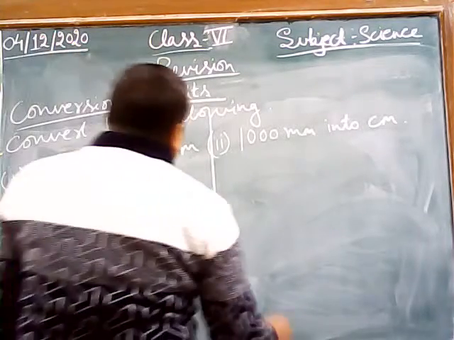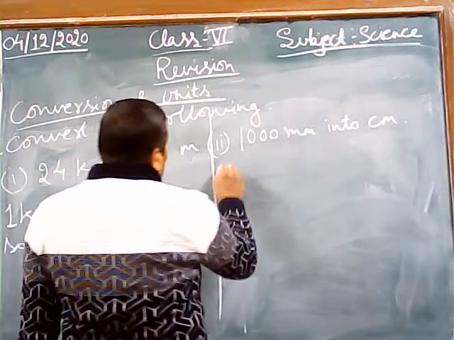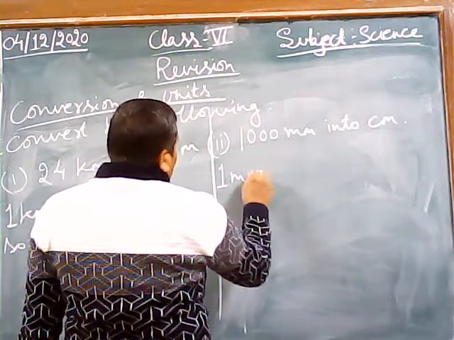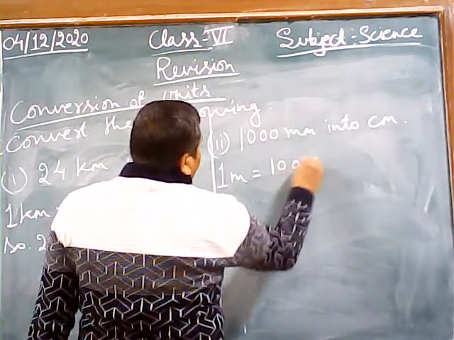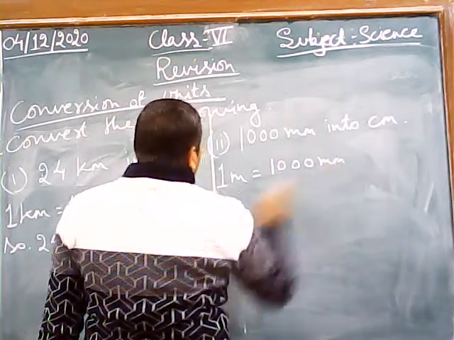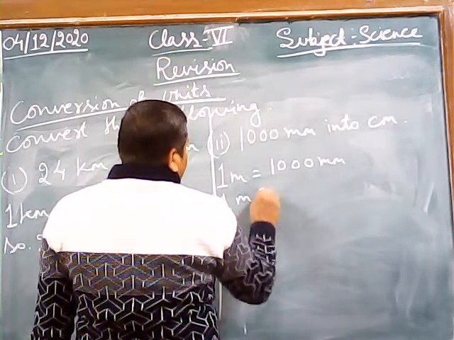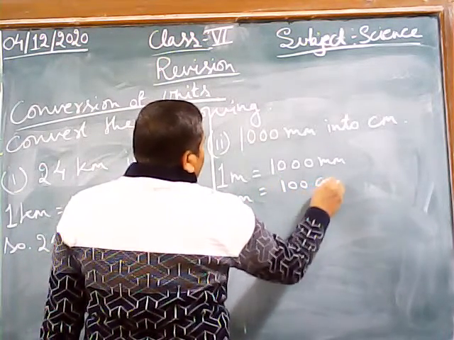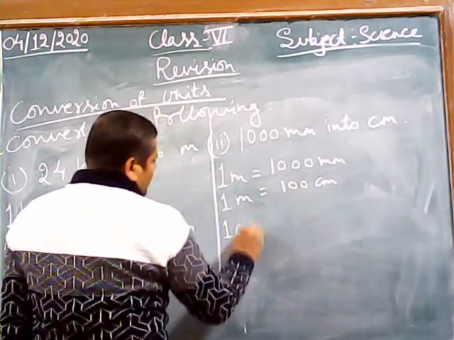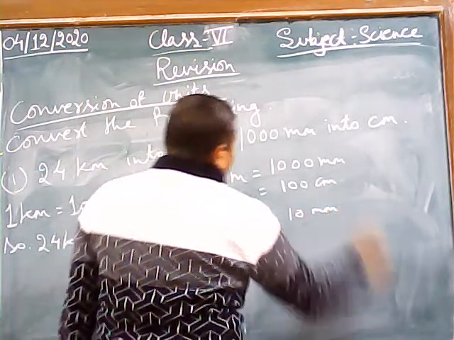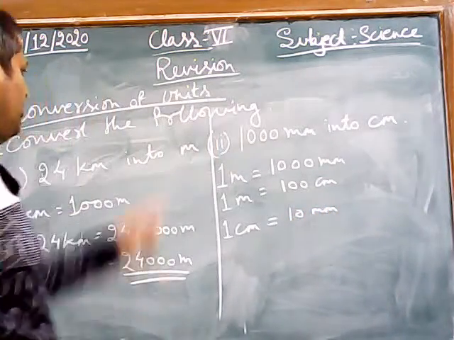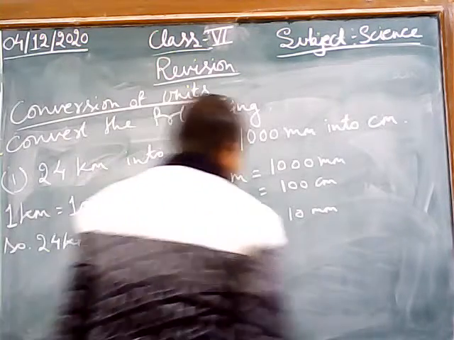Now, second, 1 meter is equal to 1000 millimeter, and 1 meter is equal to 100 centimeter. That means 1 centimeter is equal to 10 millimeter. 1 centimeter is equal to 10 millimeter.